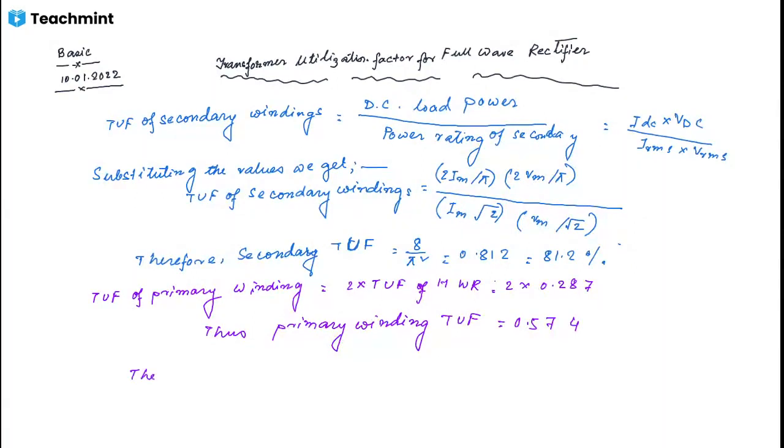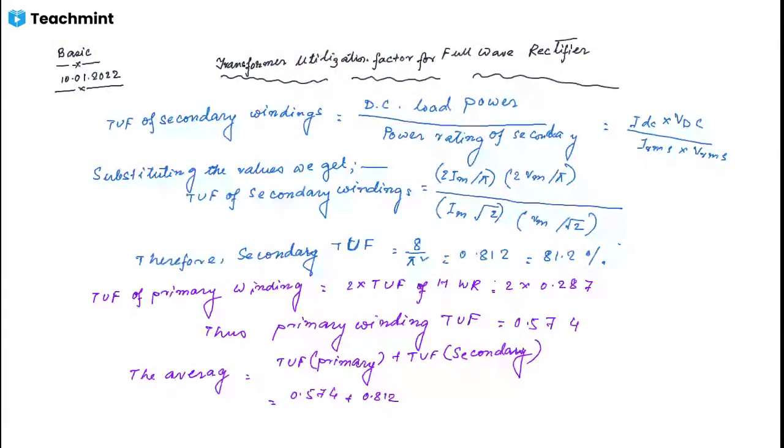So the average equals TUF primary plus TUF secondary by 2, that is 0.574 plus 0.812 by 2.